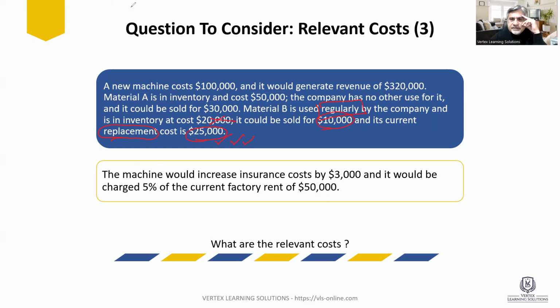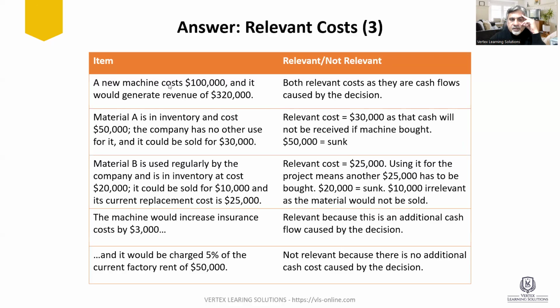So let's see the solution. A new machine costs 100K and it will generate revenue of 320. Both are relevant. Material A, 30,000: this is the price at which you can sell it. Material B, 25,000, because this is the replacement.